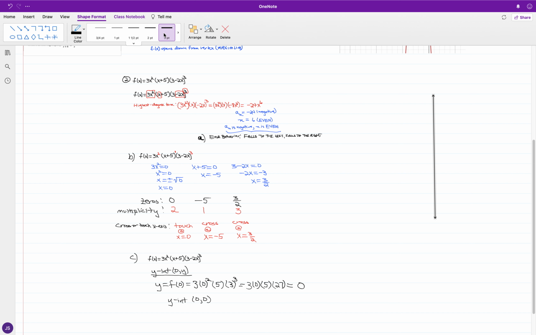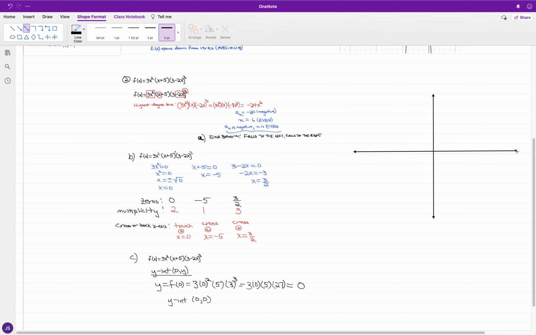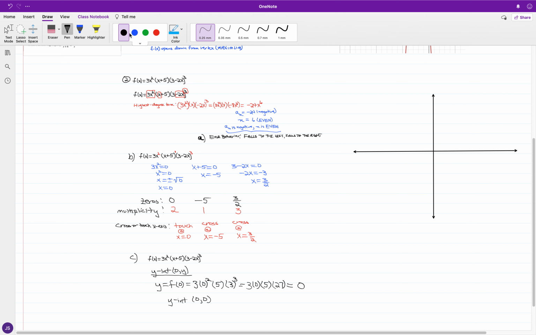Again, I'm just sketching, not exactly drawing according to scale. So the x and the y-axis, and for the zeros, I have 0, -5, and 3 halves.